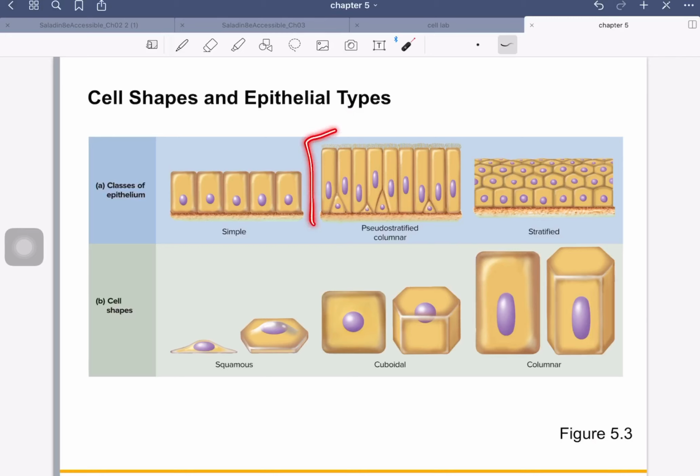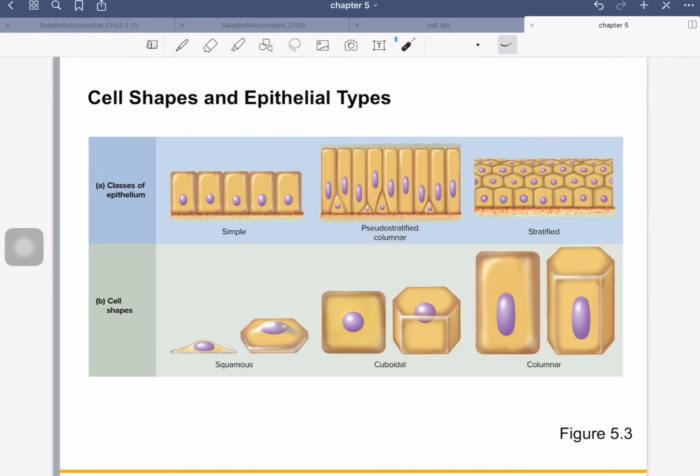And then we have pseudo-stratified. Remember, pseudo means fake. And if you had a quick look, you'd see nuclei at different heights, and you may think, oh, that looks like it's a number of layers. But technically, this is not a stratified tissue because all the cells actually touch the basement membrane. So we call it pseudo-stratified.